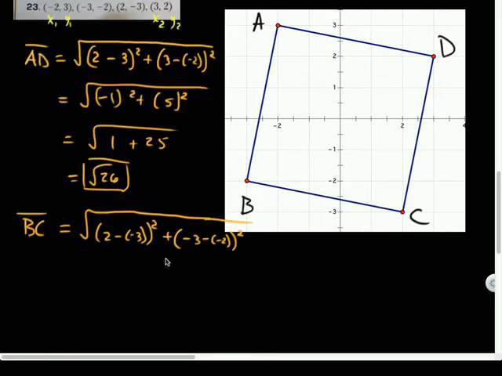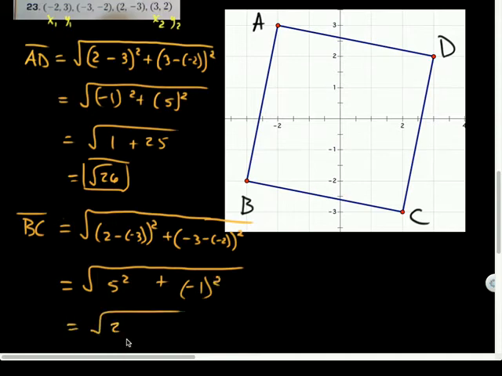So that's the square root of 2 minus a negative 3, which is plus 3, so that's 5 squared, plus negative 3 plus 2, which is negative 1 squared, and I can see that this is going to be equivalent. So that's the square root of 25 plus 1, the square root of 26.